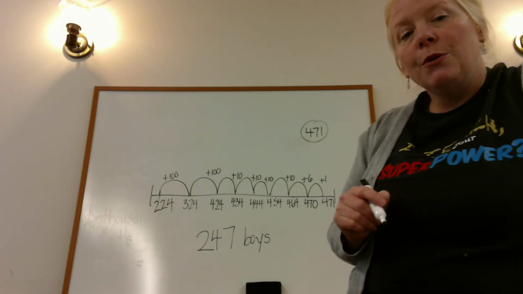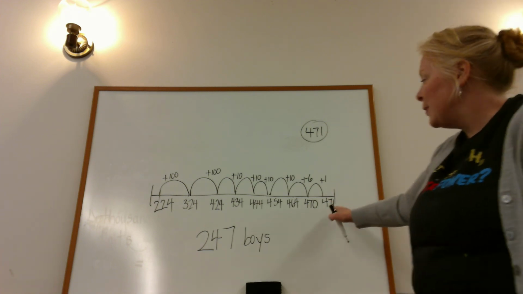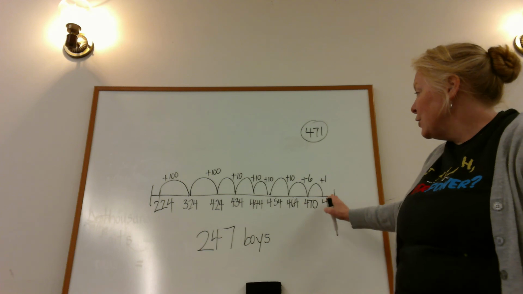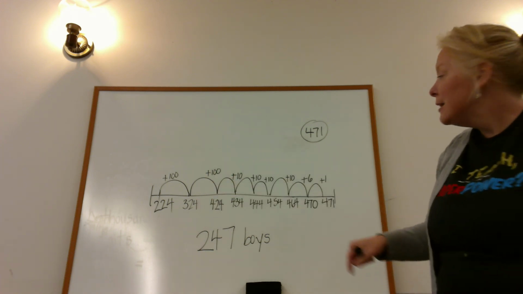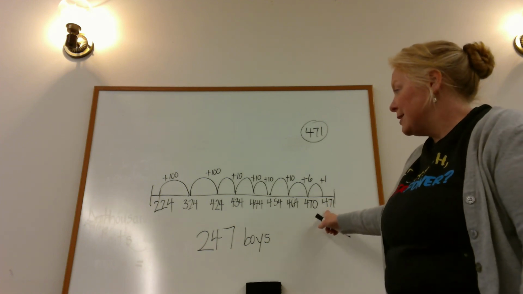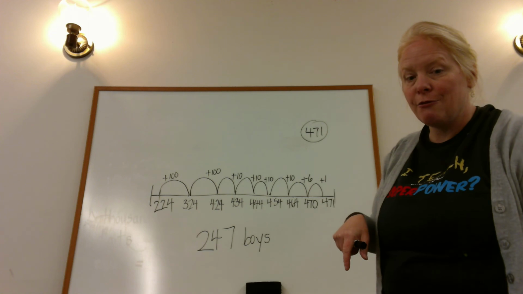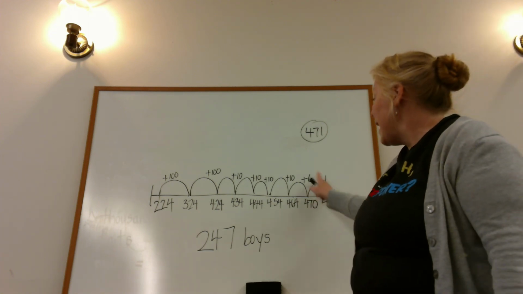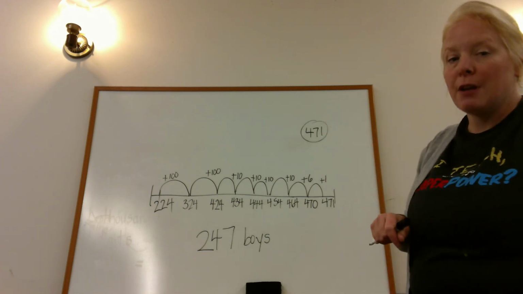The other way that you can do this problem is by using subtraction. You would put your biggest number at the end, the total number, and then you would work your way backwards using subtraction. So if you are going to start at 471 and go down to 224 and look for the number of boys, you would start subtracting a 100 from that number and just work your way down the number line.